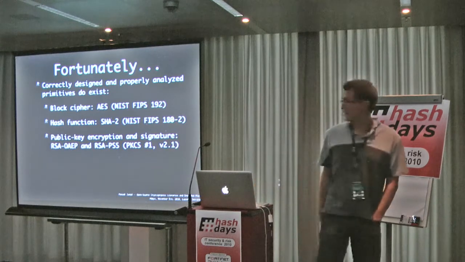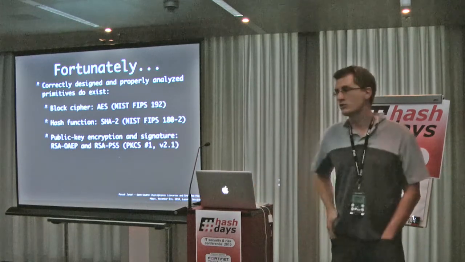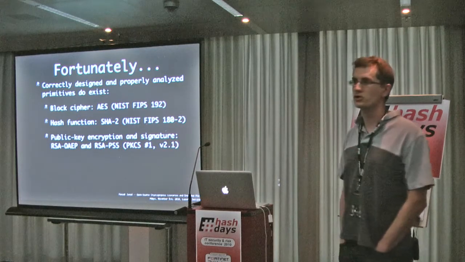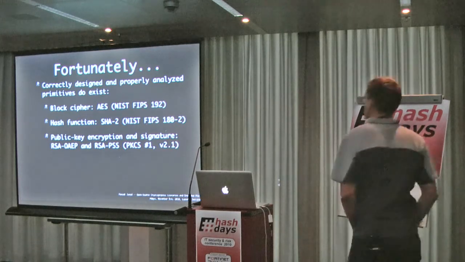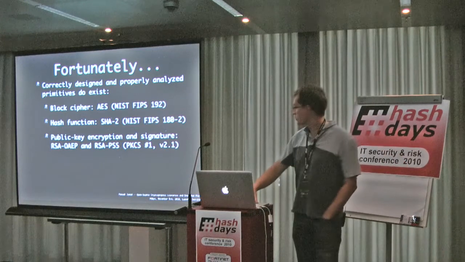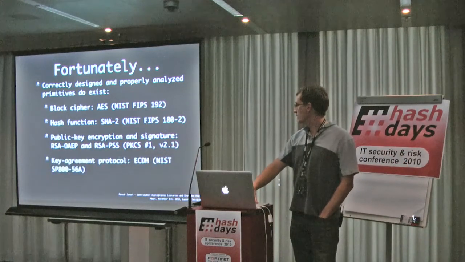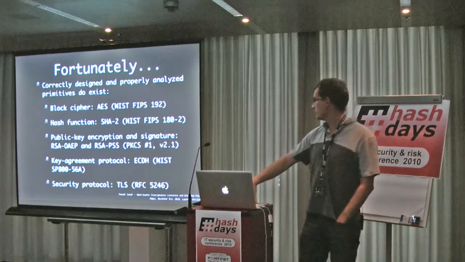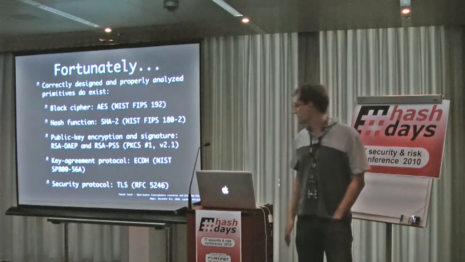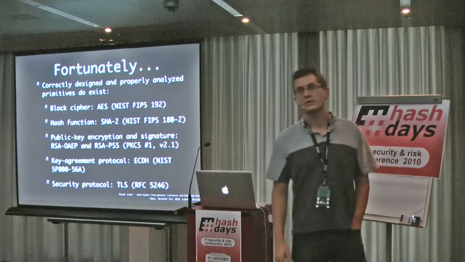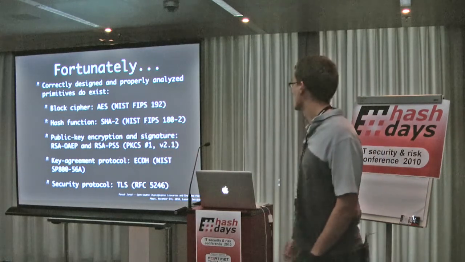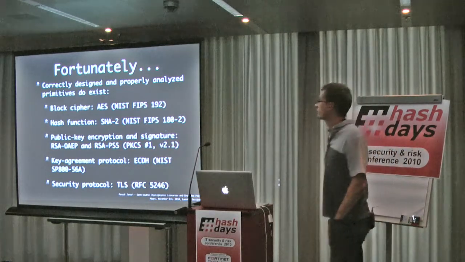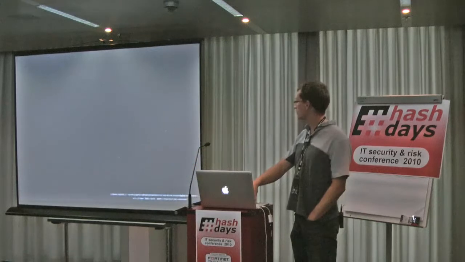If you are playing with RSA and choose good standards like OAEP for encryption and PSS for signature, then you don't take much risk because those primitives have been very well analyzed. You can do key agreement protocols using elliptic curves and Diffie-Hellman. You can choose a whole security protocol like TLS 1.2, and you are going to have proper cryptography. So, good.